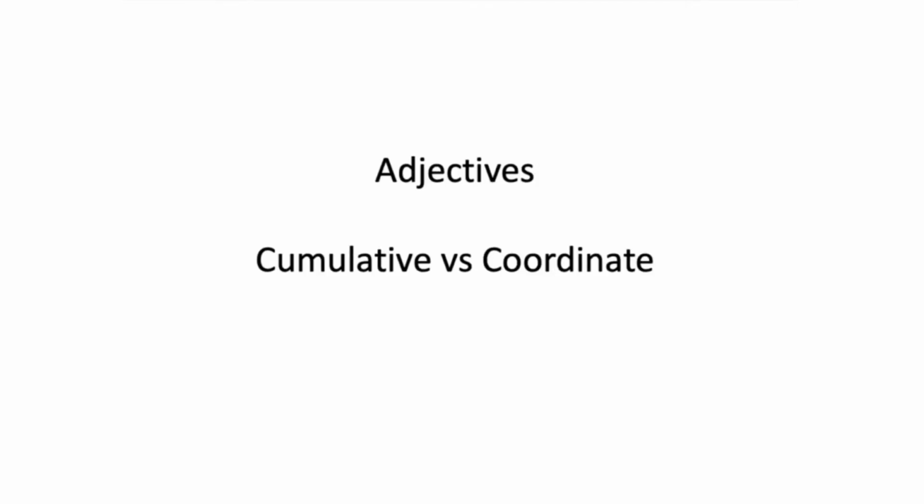Now, where it gets tricky is when we want to use more than one adjective before a noun. Adjectives fall into two categories: cumulative and coordinate.